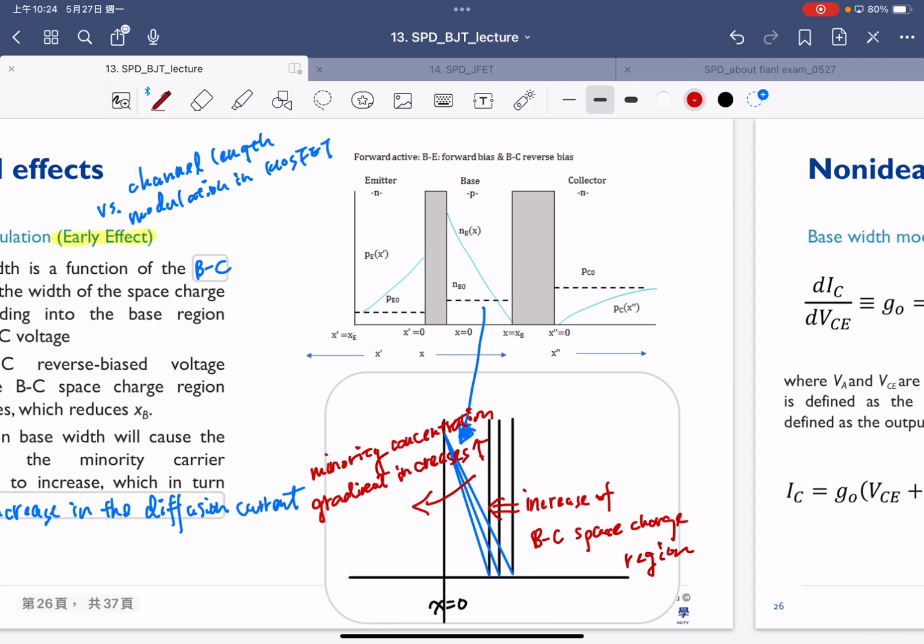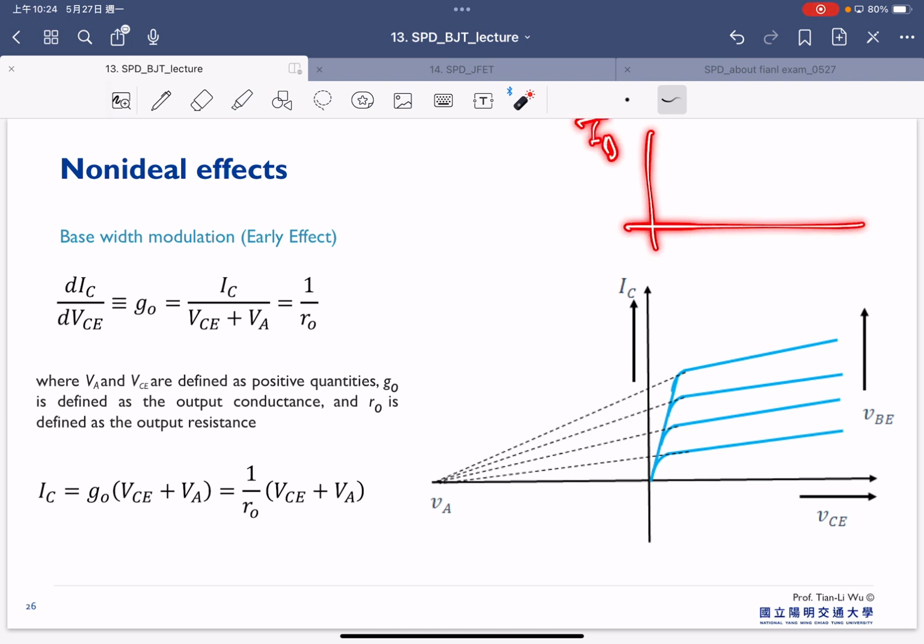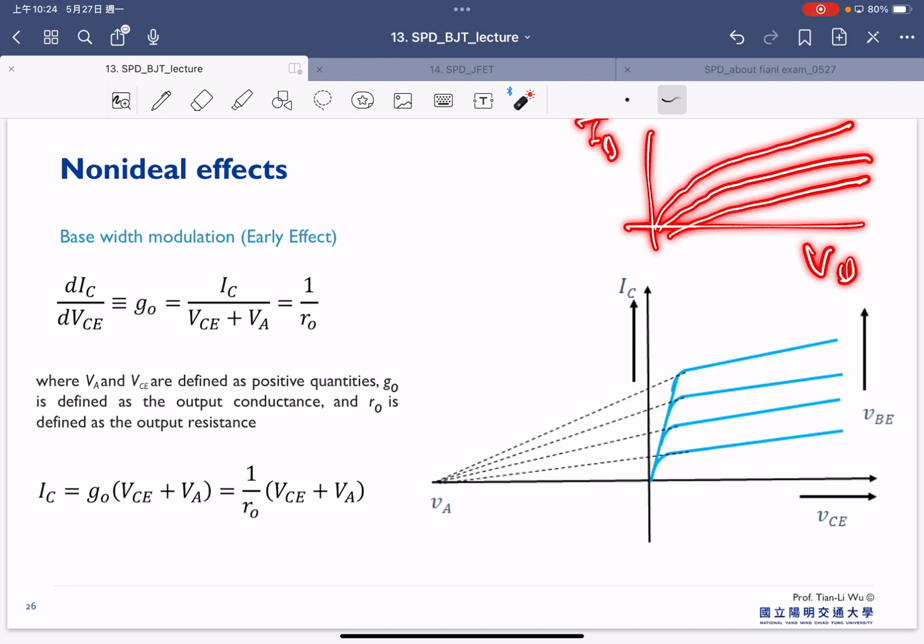Okay, so in the end, if you try to look at the typical collector current versus VCE, you will have a very similar case as in the MOSFET. In the MOSFET, we also have the phenomenon of channel length modulation because your effective channel length is reduced.